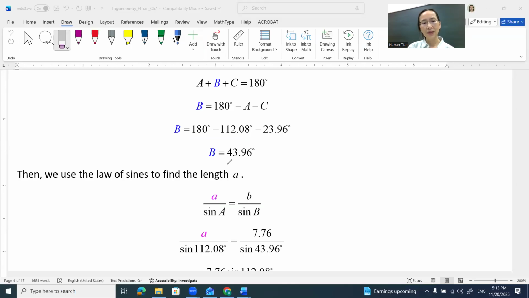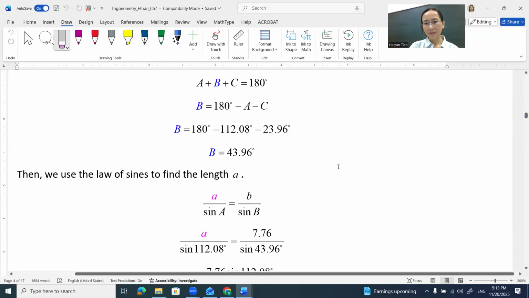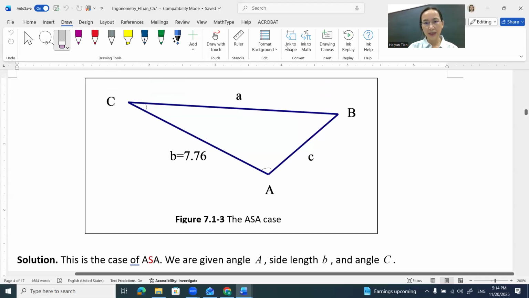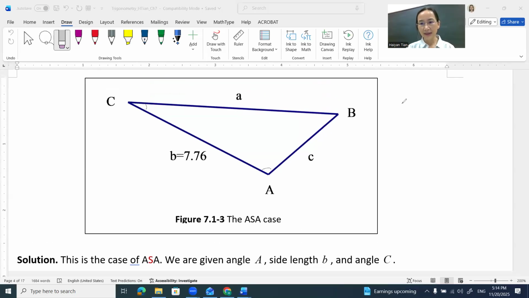So we get the B, and next we need to determine A and C. Let's go to the figure. It's easier if you look at the figure, we can write an equation that is useful for us. The lowercase b is given, and this capital B is just found.